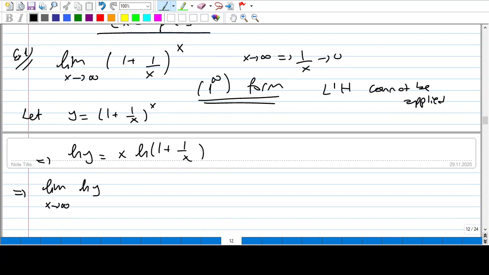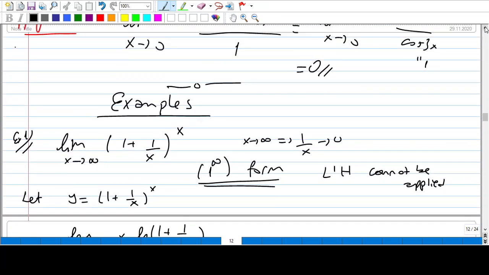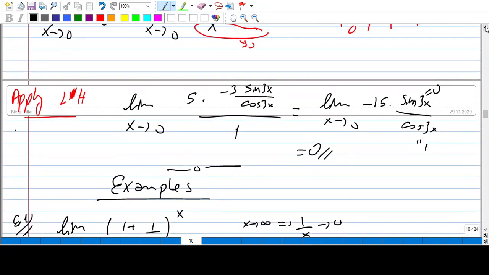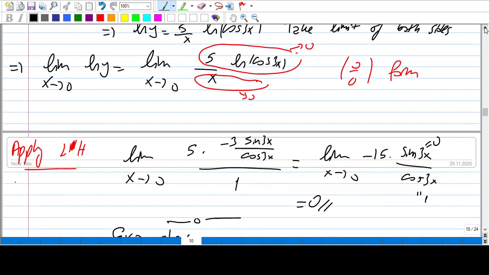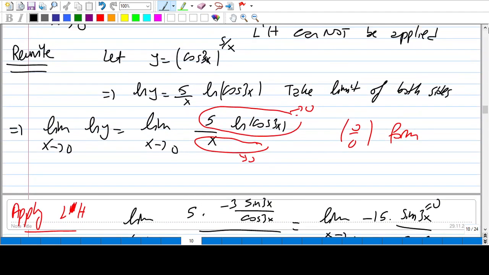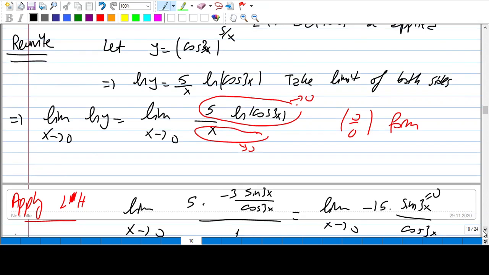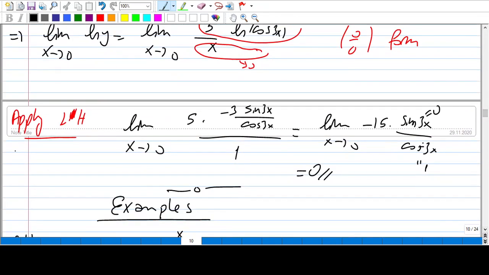In the previous part we did a similar example, but we forgot to take the limit. Let us go back to our previous example, if you remember. We applied ln y, and you see that we found the limit at the end of this calculation.